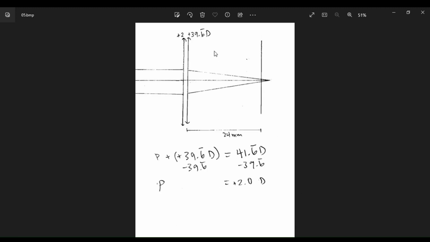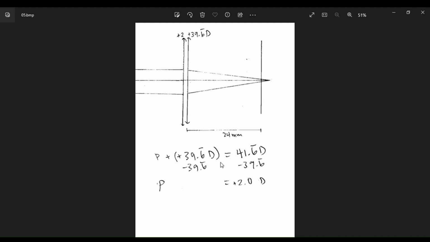Let's say the system of the eye is plus 39.6 diopters. That means it's going to come to focus behind the 24 millimeters necessary to focus on the retina. So in this case, we know whatever power of the lens plus the system that it has must equal 41.6 diopters. And so we can solve that the power of the lens is plus 2.